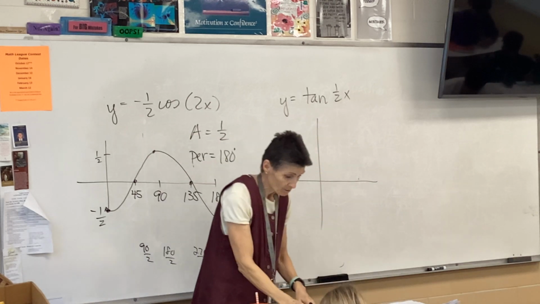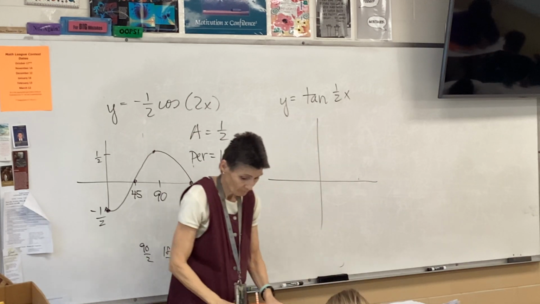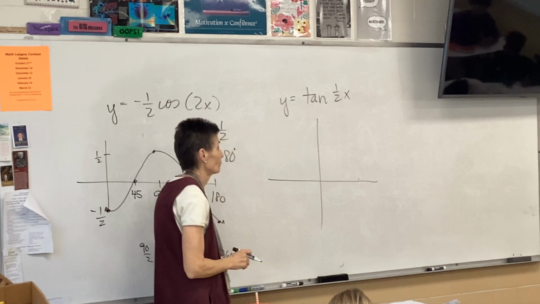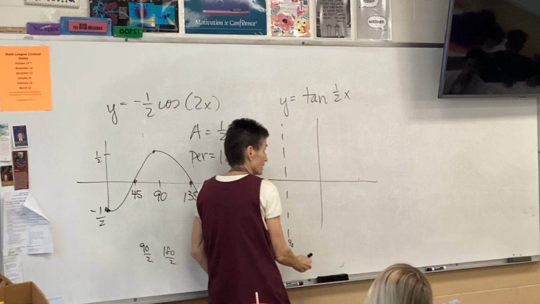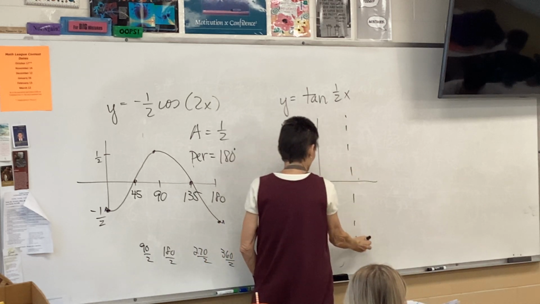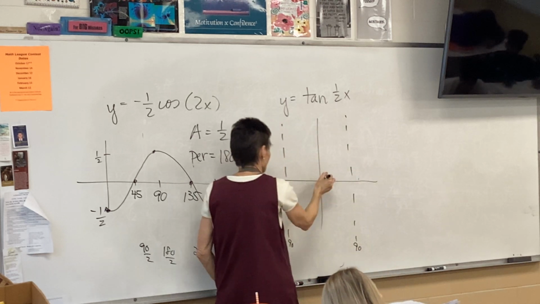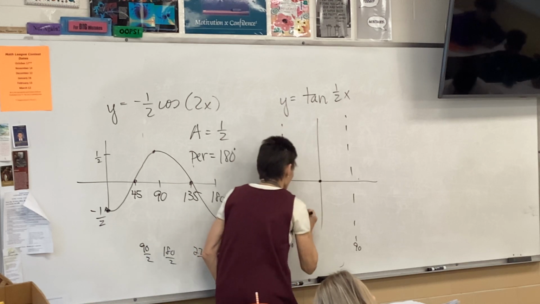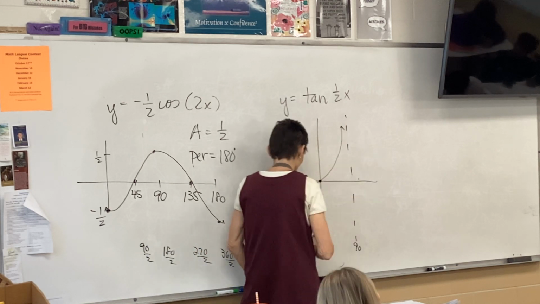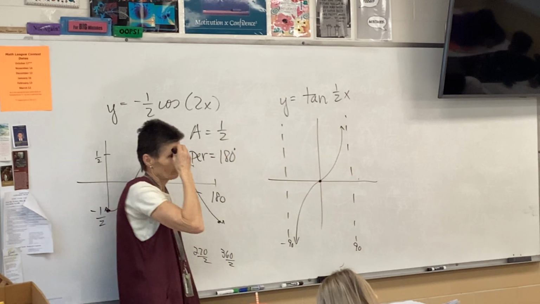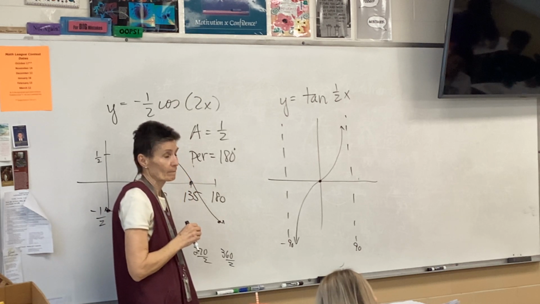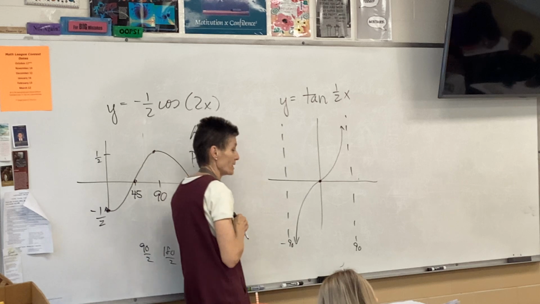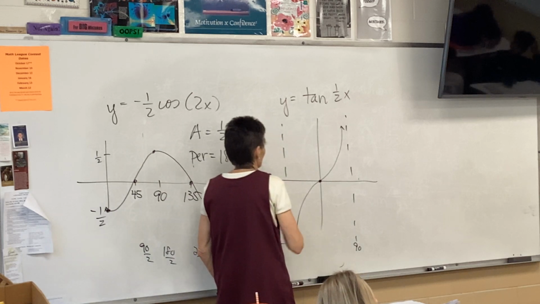Now we have a tangent. Asymptote, negative 90. Asymptote, positive 90. Squiggly line up through the origin. Now, what's changed? You have to divide the 90s.